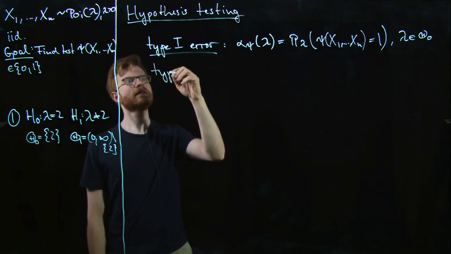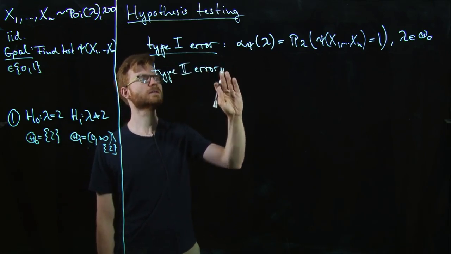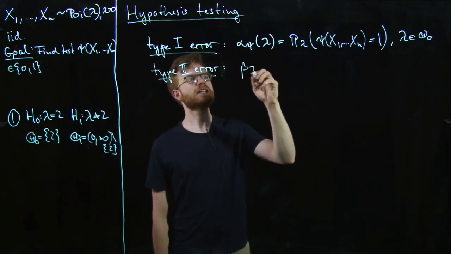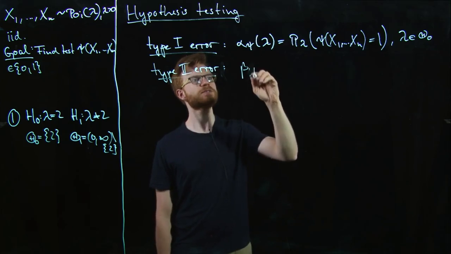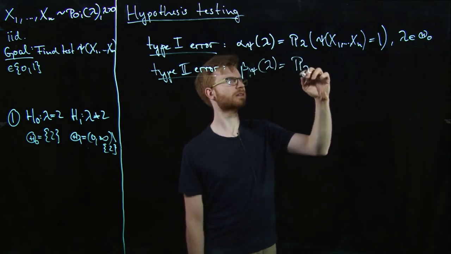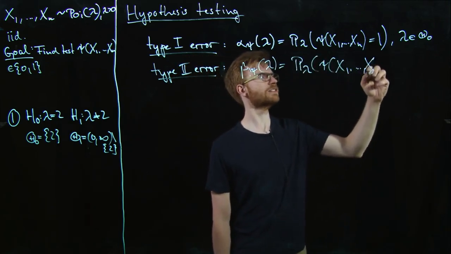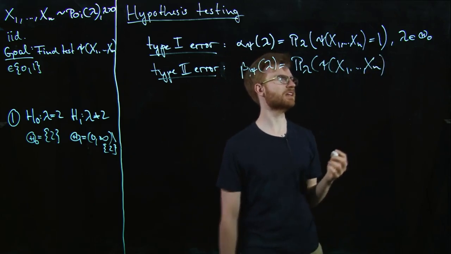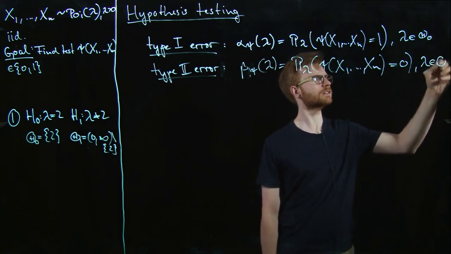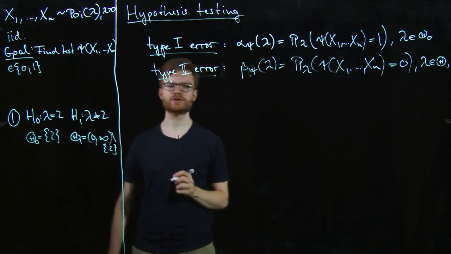And conversely, we have type 2 errors, denoted by beta subscript psi of lambda, which is the probability that I accept the null hypothesis, that I think, OK, given what I've seen, the null hypothesis is true, if in fact it is not. If in fact the alternative hypothesis is true.